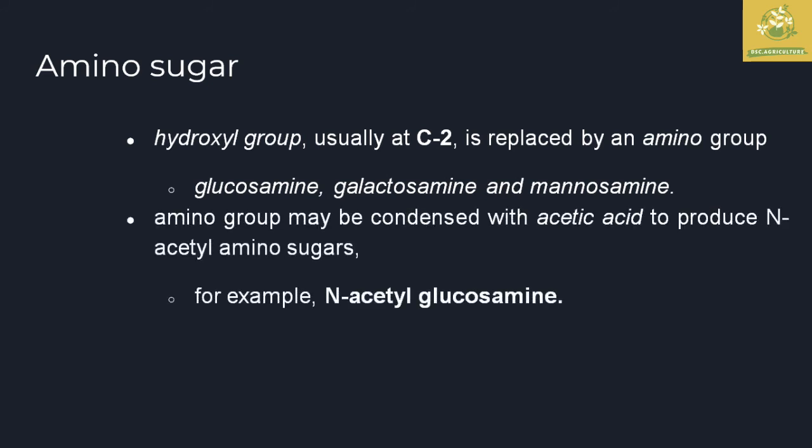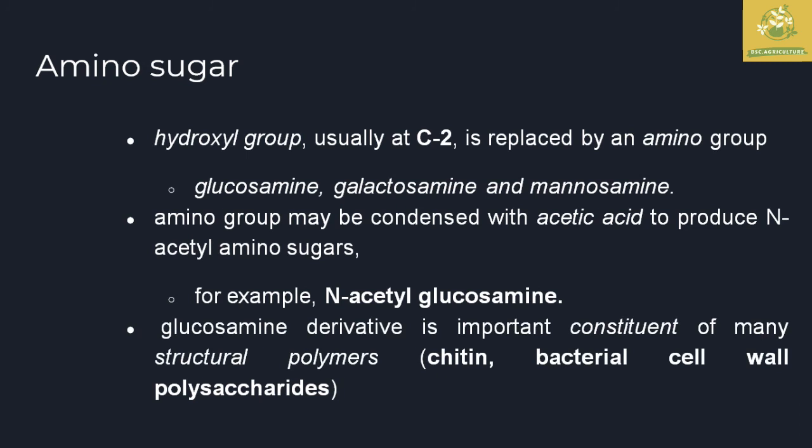The amino groups may be condensed with acetic acid to produce N-acetyl amino groups. An example is N-acetyl glucosamine, and the glucosamine derivative is an important constituent in the cell walls of polysaccharides in plants as well as animals, such as chitin, as well as the bacterial cell walls.